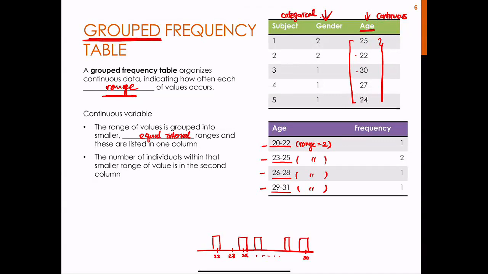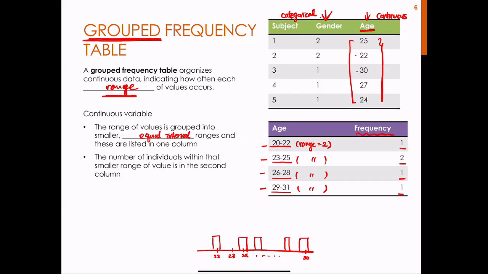And the frequency is the number of observations within each range. So the frequency within each range is 1, 2, 1, 1, right?